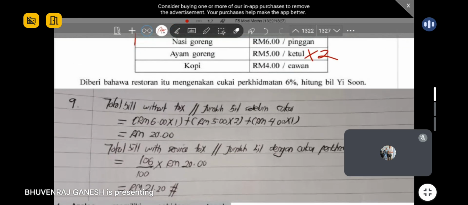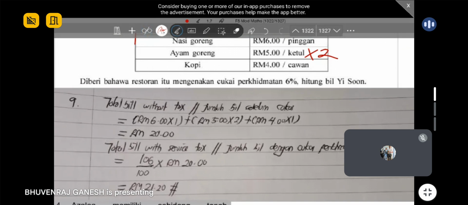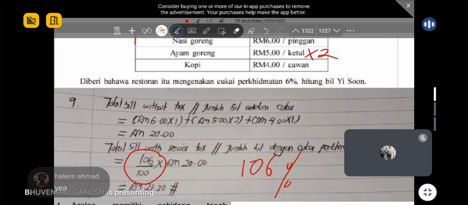And then how to count service tax? Macam mana kira cukai perkhidmatan? Guys, do you all understand why I put 106%? Everyone here? Can you get the meaning? If anyone doesn't know how I get 106%, can you all tell me?